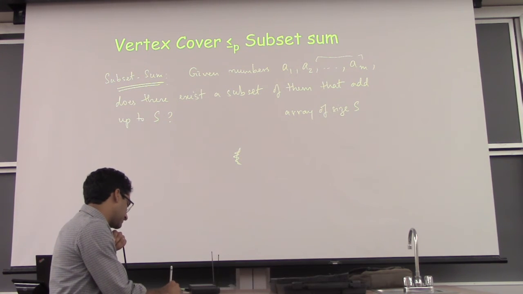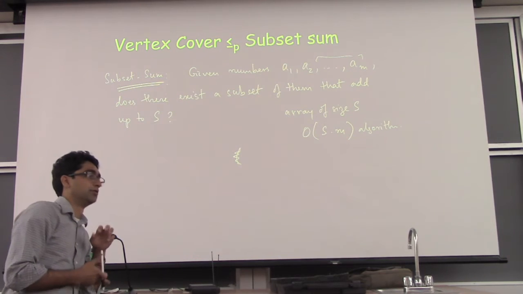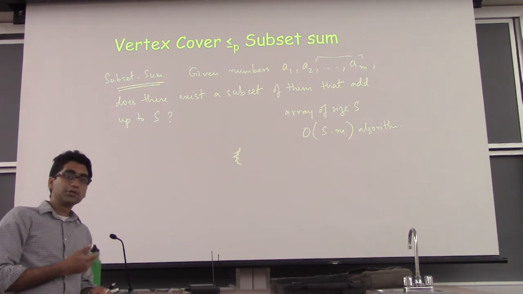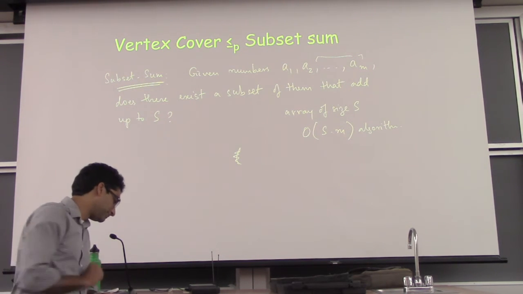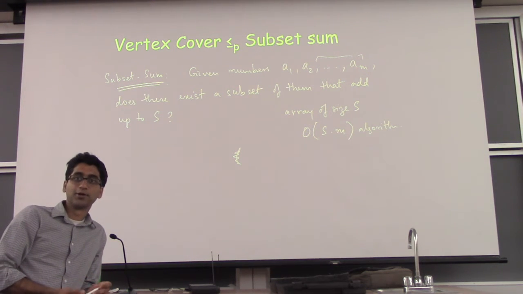Essentially you could have an S times M array. So this is the amount of space, and this is also the time. Using this you can find out if this is possible or not.